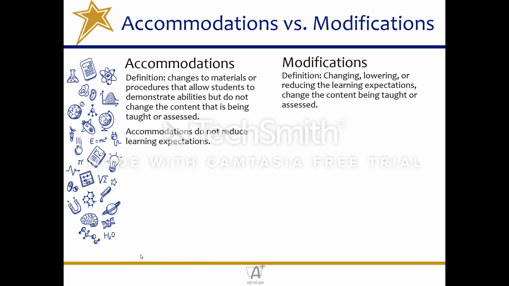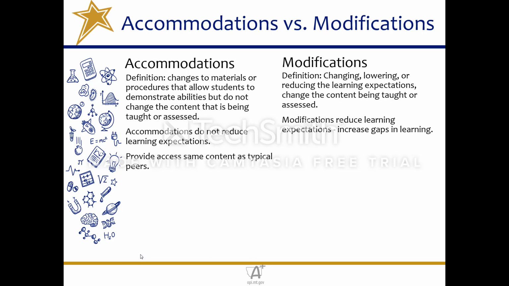Accommodations do not reduce learning expectations. Students who participate in an alternative or modified curriculum are not on the same learning trajectory as peers, while accommodations provide access to the same content as typical peers.